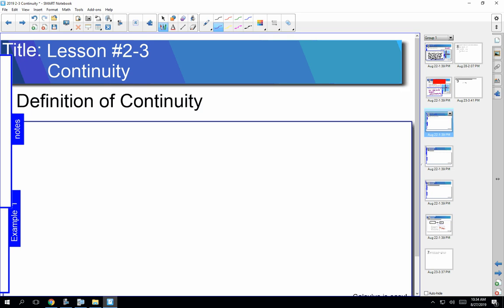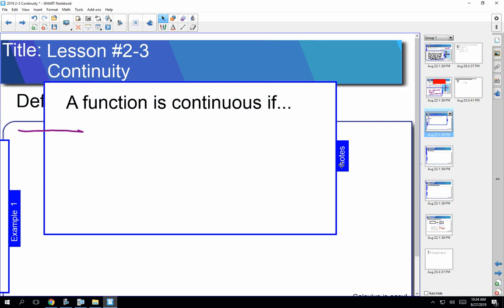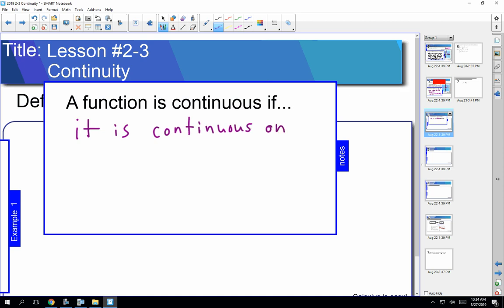All right, so the definition of continuity. We say a function is continuous if it is continuous on every point of a specific interval or domain.